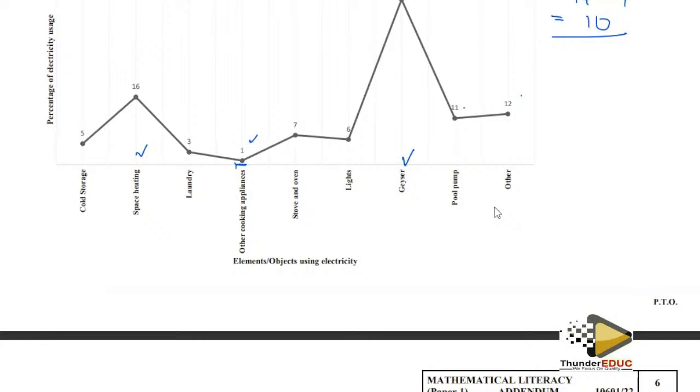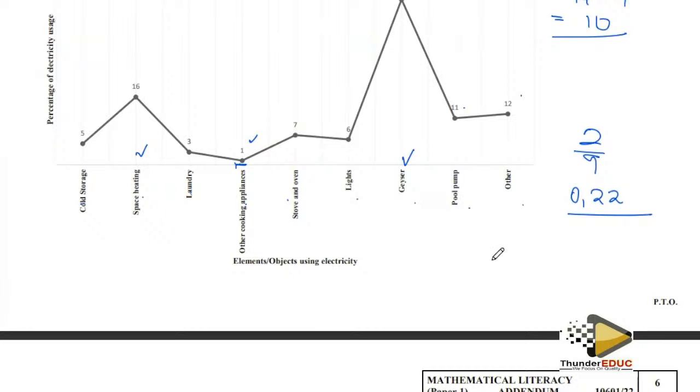But how many are they? We have 1, 2, 3, 4, 5, 6, 7, 8, 9. Out of the 9, we are looking at 2. But they said as a decimal, so it's 2 divided by 9. In decimal format, 0.22, recurring.